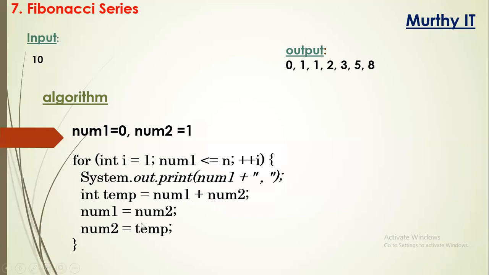Now number 1 equal to number 2, so the 2 in number 2 is stored in number 1. Number 2 equal to temp, so the 3 is stored in number 2. So this is the loop: continuously, until number 1 is less than or equal to n, this logic will be executed.